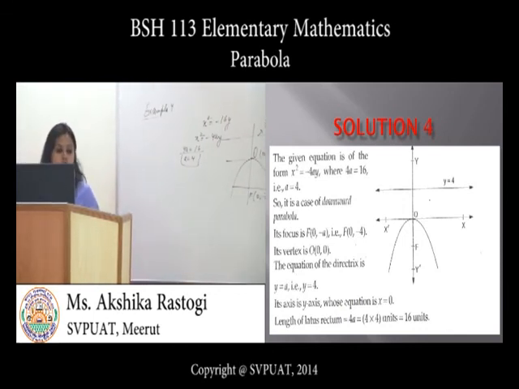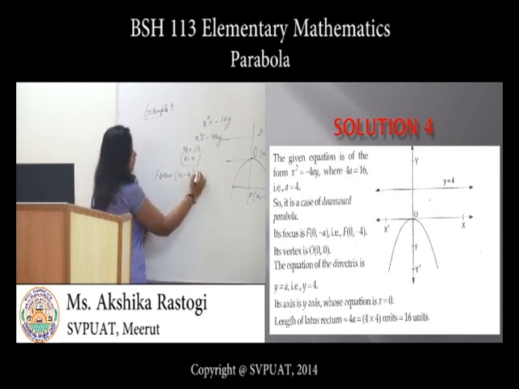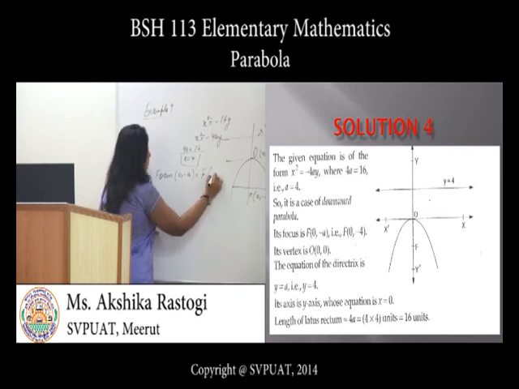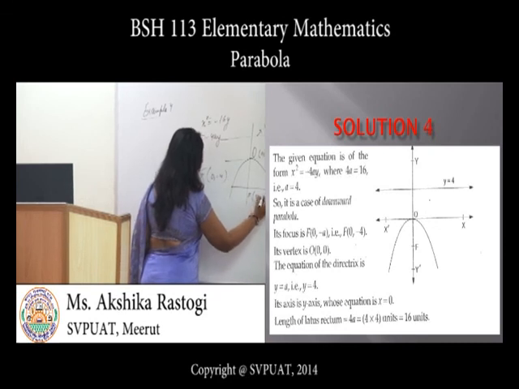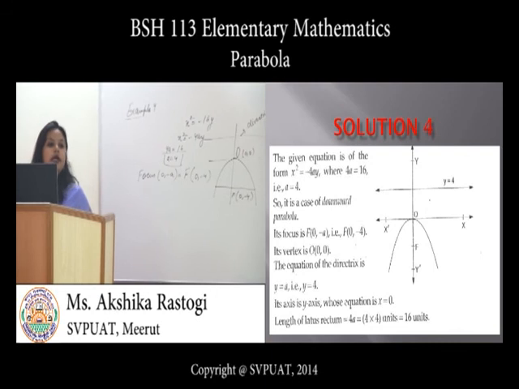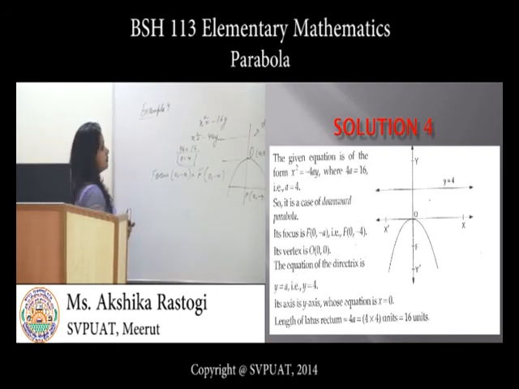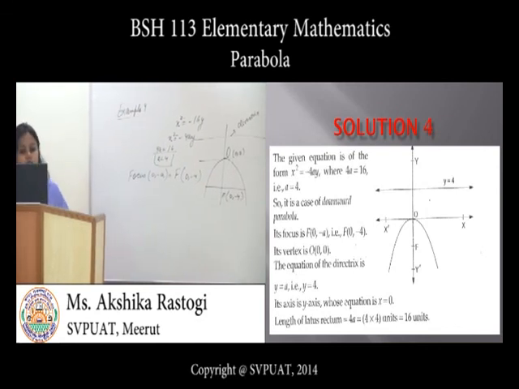Now the focus is 0 and minus a, that means F is 0, minus 4. You can write it here also, 0 and minus 4. Then next we have the vertex. Vertex is O, 0, 0. This is the vertex for this.